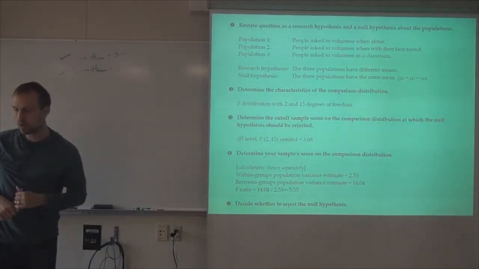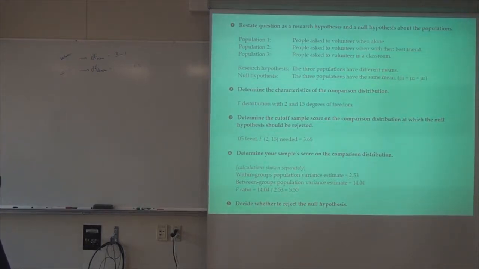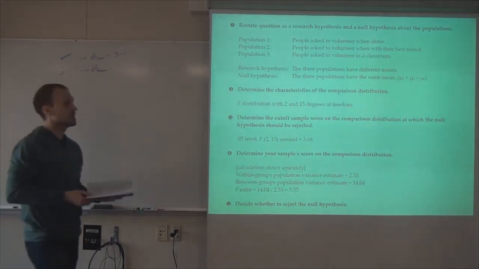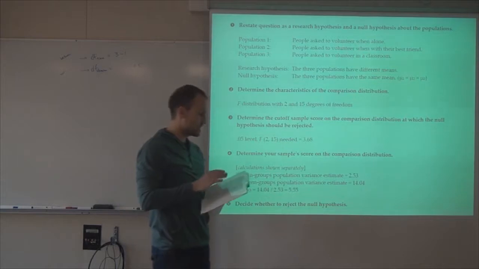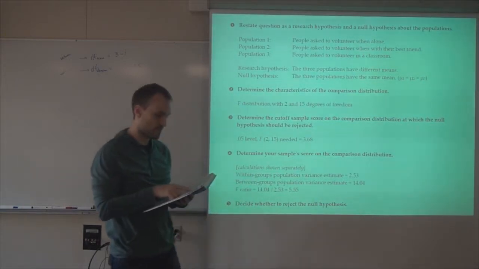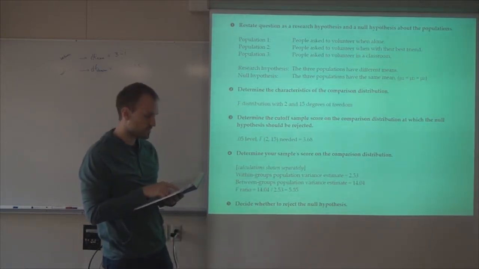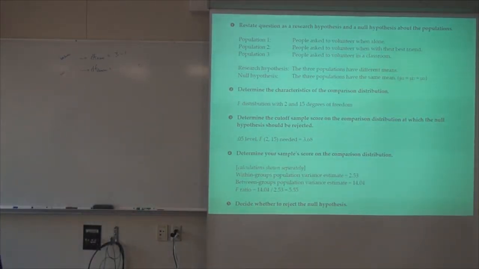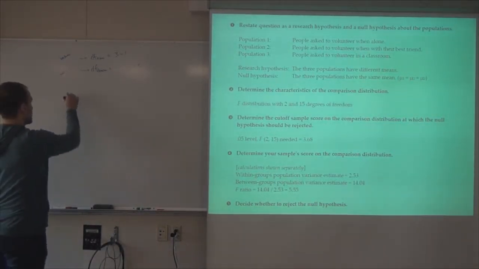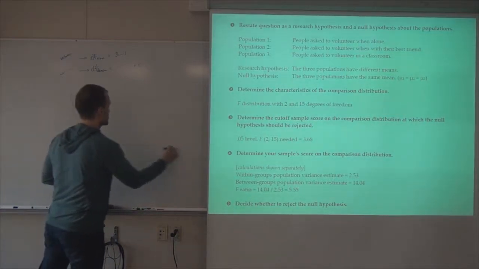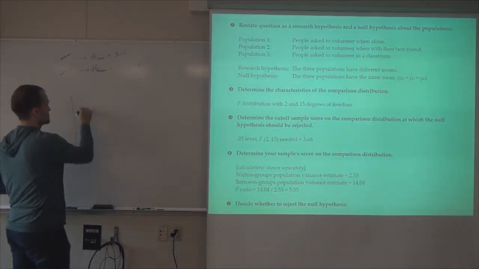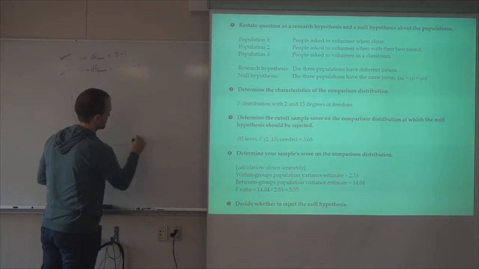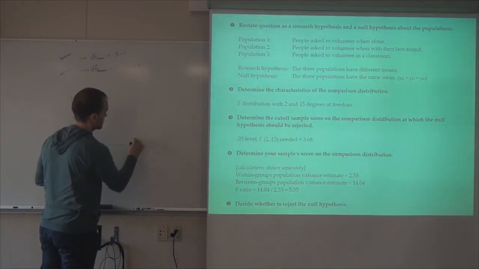Now if I again want a 5% significance level, I go and look. Looking for a 2 and a 15, on page 679 will be 3.68. So I visualize what's happening here. It helps me a lot. There is my cutoff, let's say.